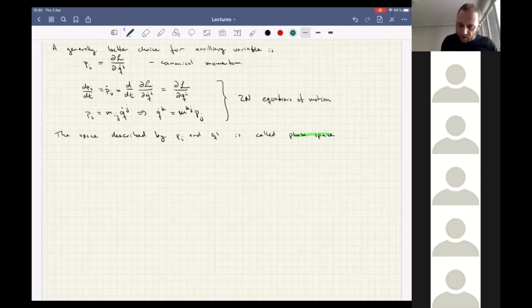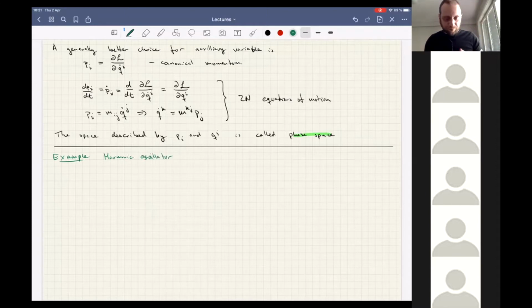So let's take an example of that. Let's go back again to the harmonic oscillator. It will be our favorite example, as usual for theoretical physicists.